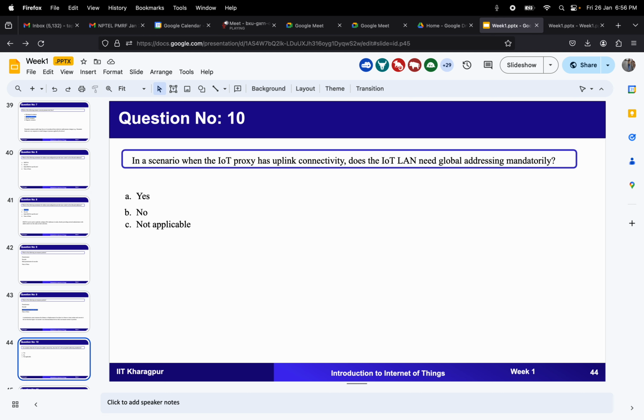Next question is, in a scenario where the IoT proxy has uplink connectivity, does the IoT LAN need global addressing mandatorily? Options are yes, no, not applicable. No. Okay, anyone else?